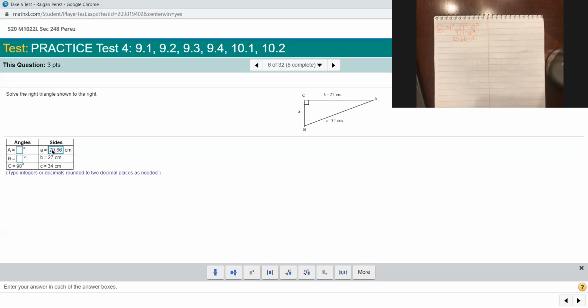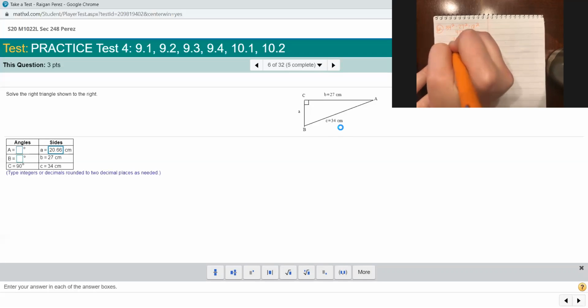Okay, and since it's a right triangle, you can use your trig functions to find the angles. So because I have B and C, that's what they give me, that's what I'm going to use. So if I'm going to do A first, let's just go in alphabetical order. I have adjacent and hypotenuse, so I have to use cosine.